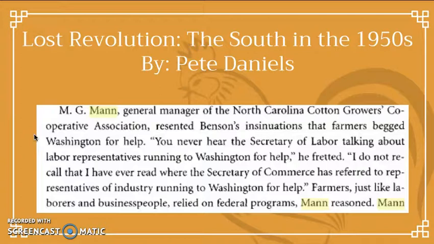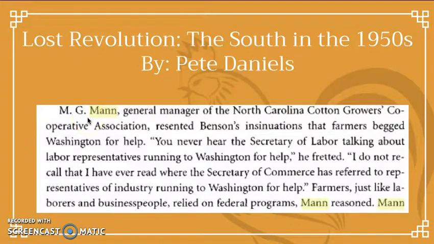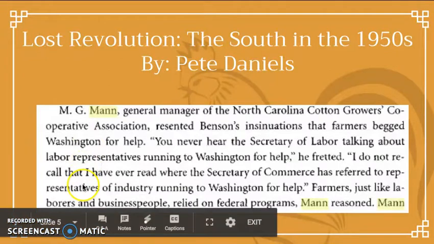'I do not recall that I have ever read where the Secretary of Commerce has referred to representatives of industry running to Washington for help. Farmers, just like laborers and business people, relied on federal programs,' Mann reasoned." This describes his direct interaction with Mr. Benson and his concern about federal farmer programs.